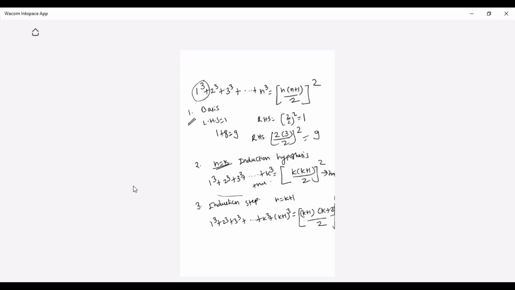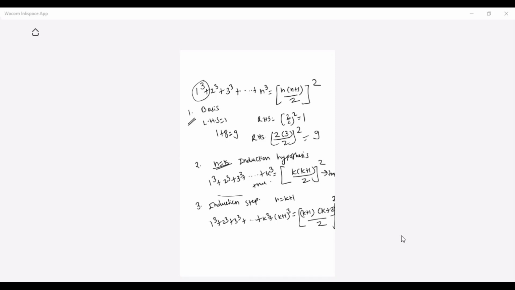I hope everyone is solving it. What is the answer you have got? Let me check. Anyone has solved? K plus 1 into k plus 2 divided by 2, whole square.